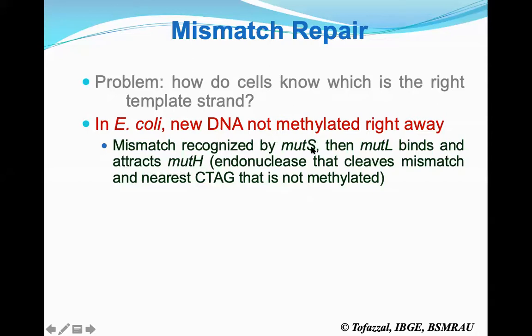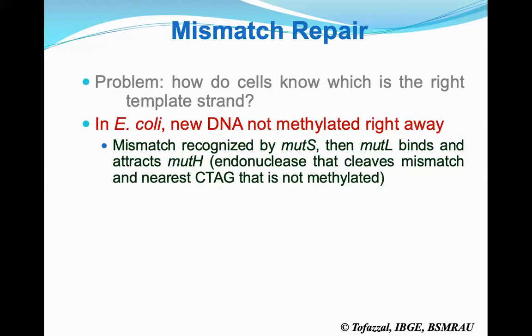These are MutS, MutL, and MutH. They act as an endonuclease enzyme that clips the mismatch. Clip means cut the mismatch at the nearest GATC site that is not methylated. That means these four base pairs, the nearest one which is not methylated.